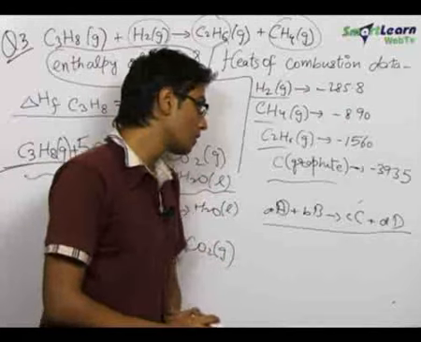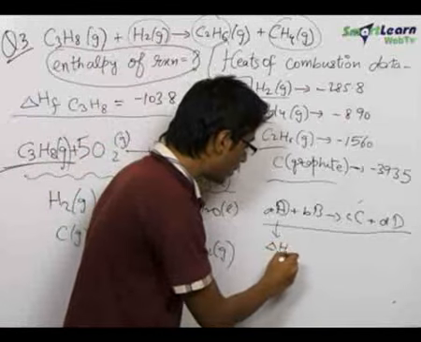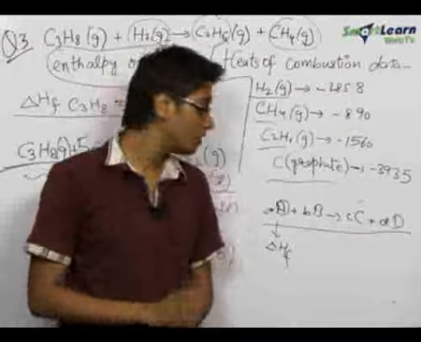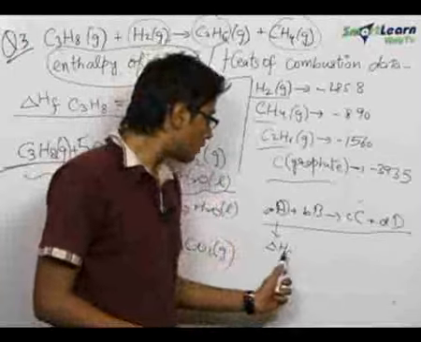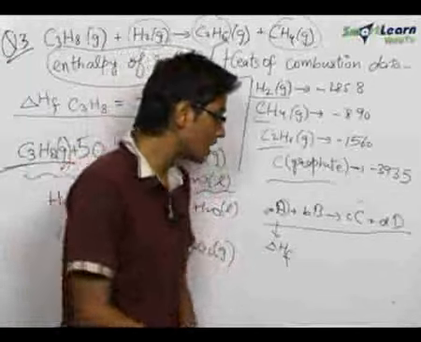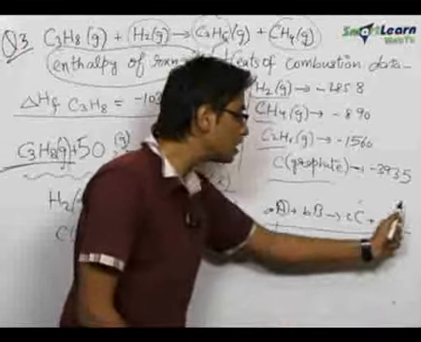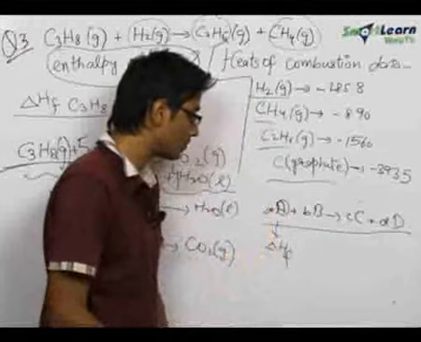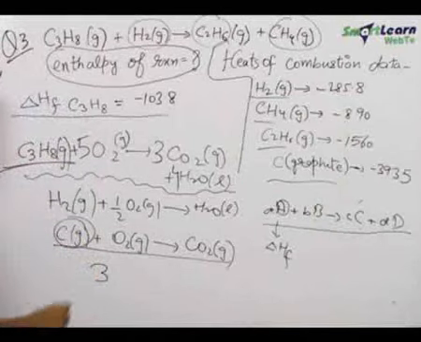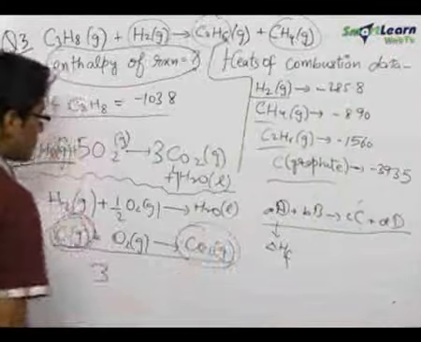In a similar way, if we are given the heat of formations, not the heat of combustion, of A, B, C and D, as in the case of heat of combustion we had reactants minus products, in the case of heat of formations given, we have the enthalpy of a reaction as products minus reactants, that is c into heat of formation of C plus d into heat of formation of D minus a into heat of formation of A and minus b into heat of formation of B. So the enthalpy of this reaction will be equal to 3 into heat of formation of CO2, which is the same as the enthalpy of combustion of carbon, because enthalpy of combustion of carbon is the same as the enthalpy of formation of CO2.